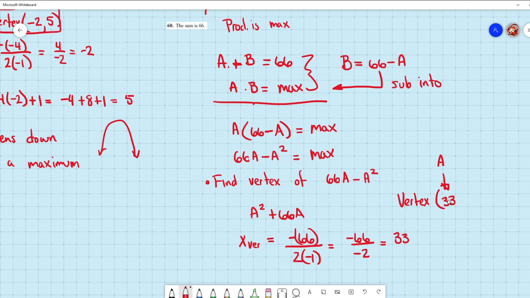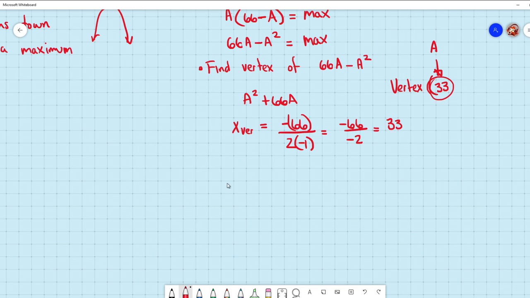Now that we have A, I'm going to go back to my original equation, substitute A back in there, and get the other value, B. So A is equal to 33, and B is just 66 minus 33, which is our substitution, which is also 33. It just so happens they're both the same number.